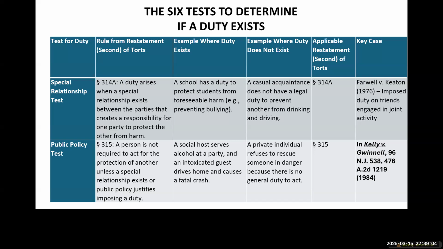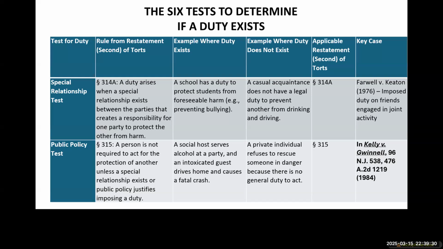the court in making that determination doesn't really lean on just one restatement, right? They look at foreseeability, which is the second test. They look at the public policy, which means, is there a policy reason? Is there a safety reason? Is there a welfare reason?